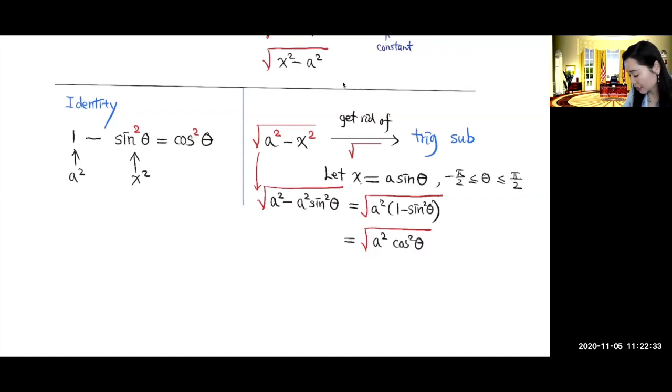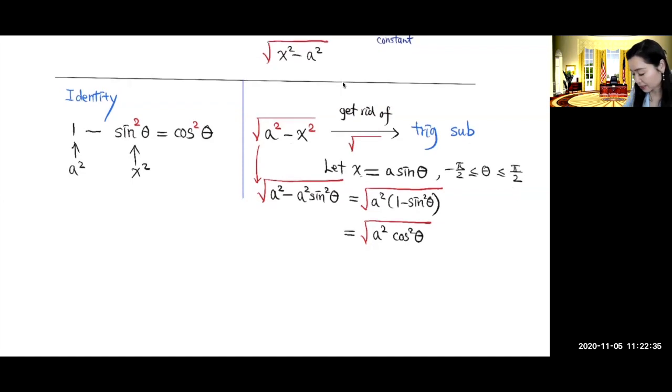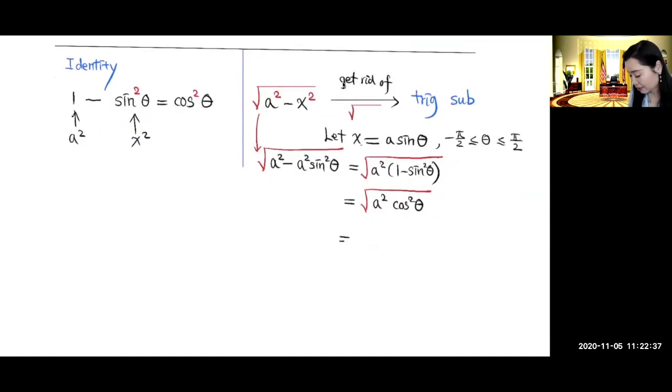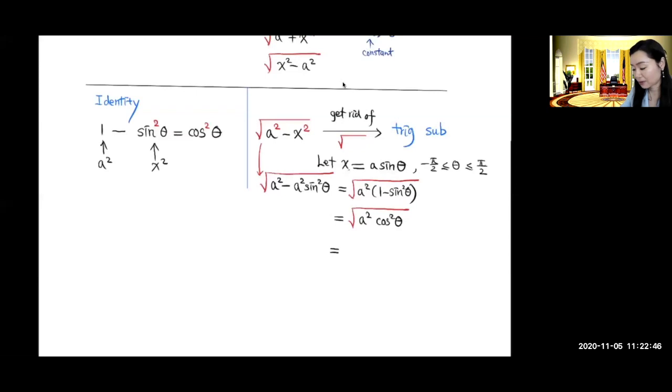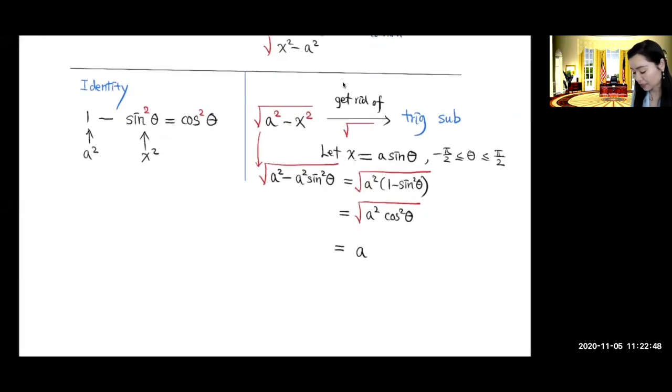Now, because a is a positive constant, when you take the square root of a squared, the a will be out, right? And you take the square root of cosine squared, and that will be equal to just cosine theta, because cosine theta is non-negative here.